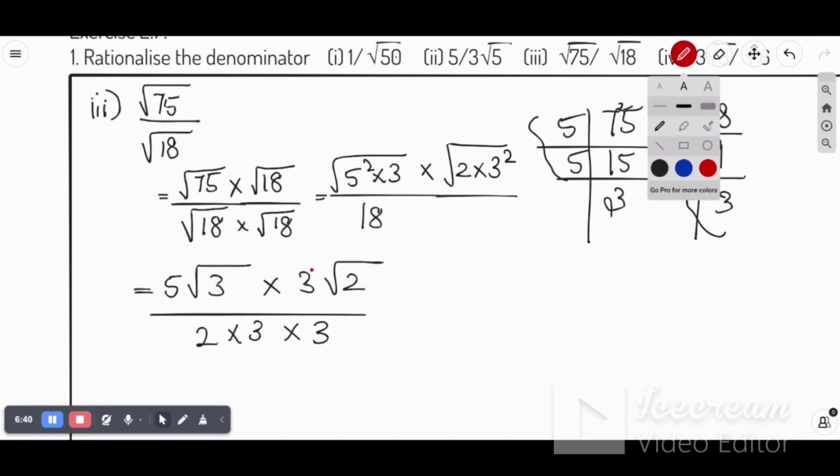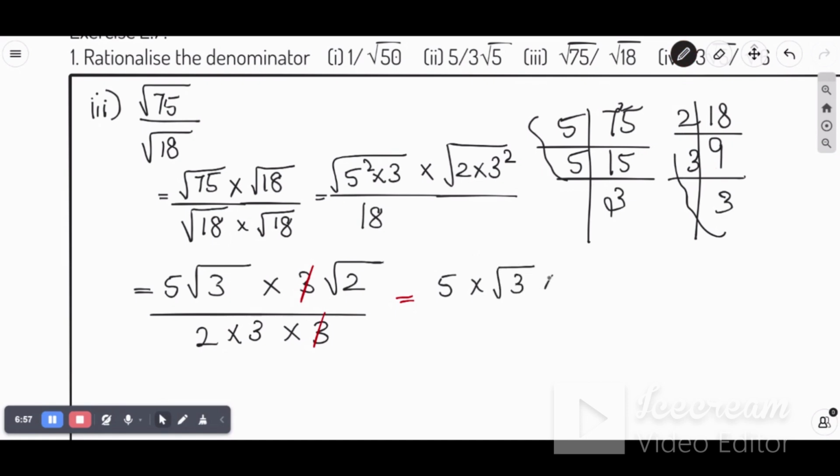So how we can cancel? This 3 and this 3 will get cancelled, and you can write it as 3 into 2. So next step will be, you have to write it as 5 into root 2 root 3 into root 2 divided by 2 3s are 6.